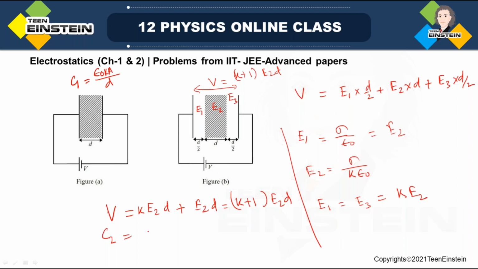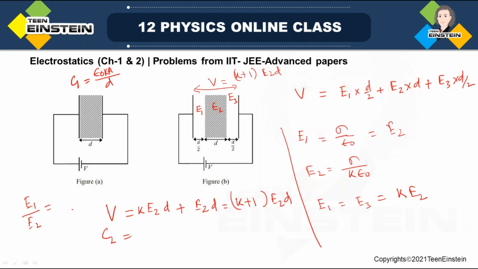The capacitance C2 of this configuration will be simply, E1 by E2 is actually k plus 1, if we want to write that.